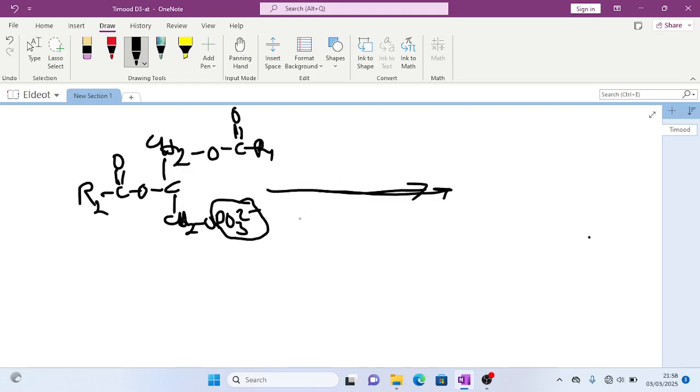So to get rid of the phosphate group, we add water. It's a kind of hydrolysis reaction. So we add water, and the phosphate group is going to be lost in the form of an inorganic phosphate.